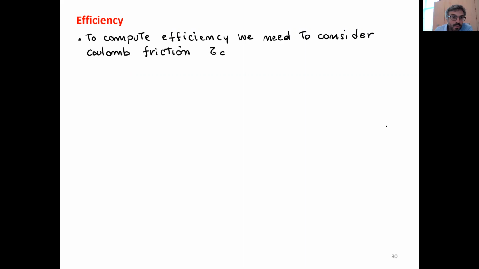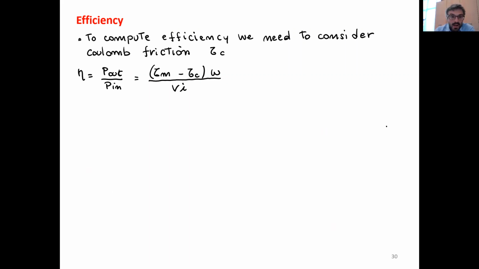Okay, let's go on. To find the expression of the efficiency, we need to consider also the Coulomb friction, tau C. And the efficiency is expressed as the ratio between the output power and the input power.